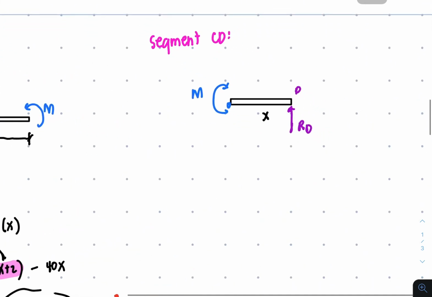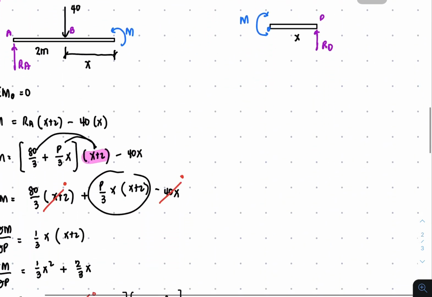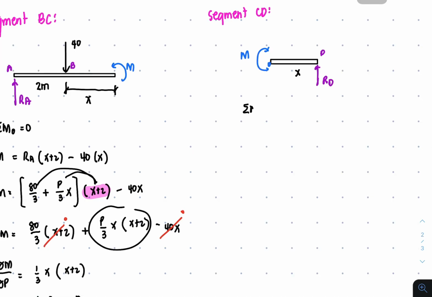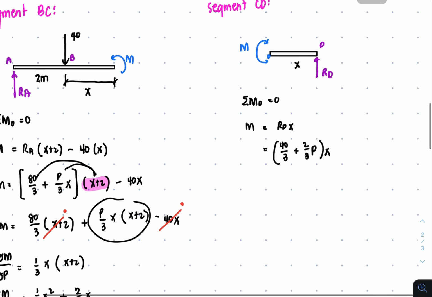Okay, so we can now create the moment equation at the point of cutting equal to 0. It's M equal to RD times x, where RD is equal to 40 over 3 plus 2/3 of P times x.